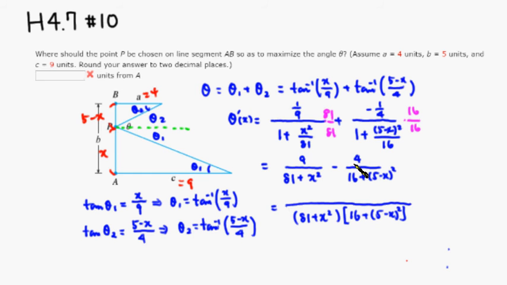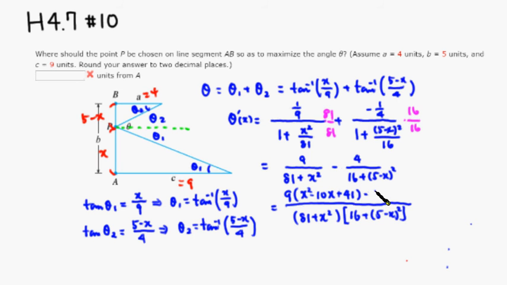Then the numerator is 9 times 16 plus 5 minus x squared, which is x squared minus 10x plus 25, plus 16. So that's 41, since 25 plus 16 is 41.